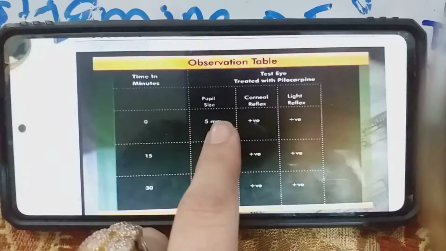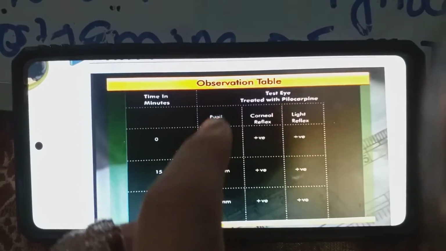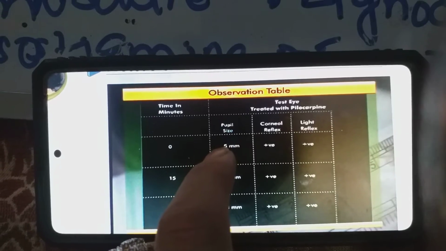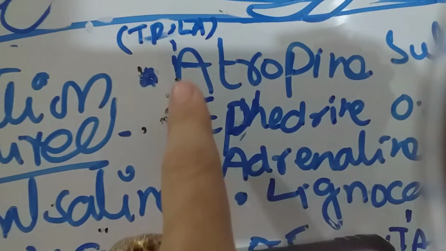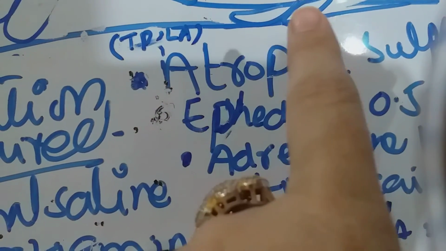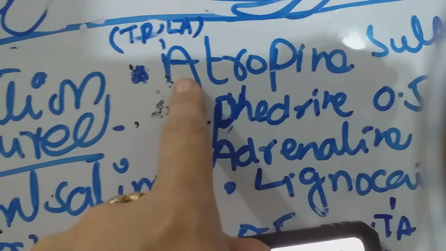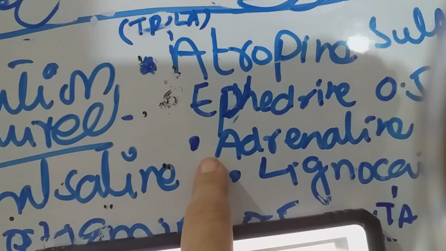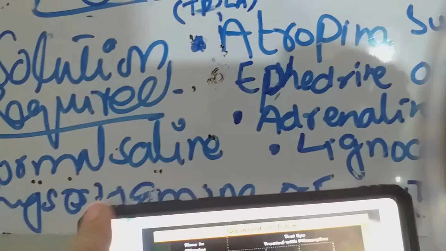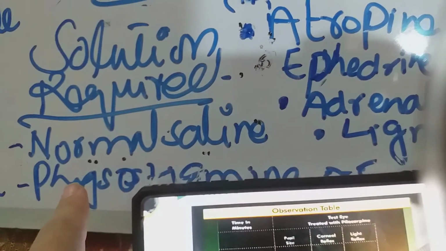Like you can mention that the dilation is associated with this drug, or the constriction of the pupil is associated with this drug. For example, with atropine you can mention the dilation, the dilation with ephedrine, but the constriction with adrenaline, and the constriction with physostigmine.